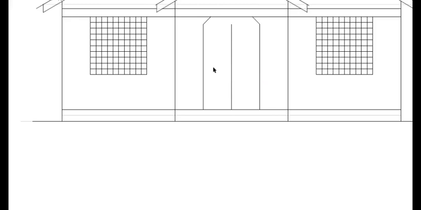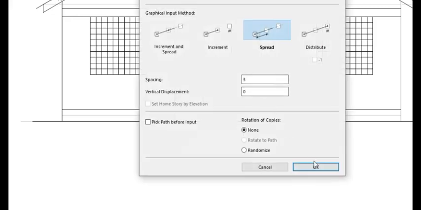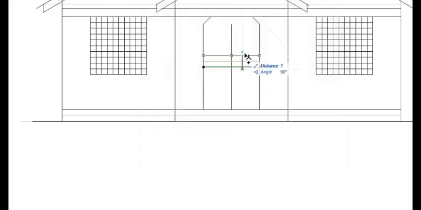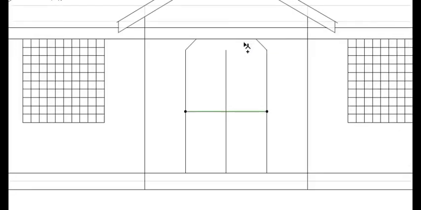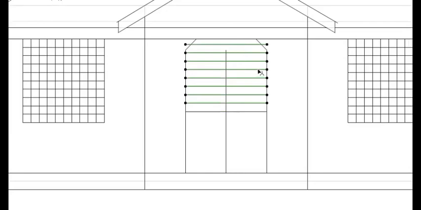Then see, maybe we have glazing somewhere here. Fine. So we're just going to do the same thing. Let's be lazy. All the way up to this point.